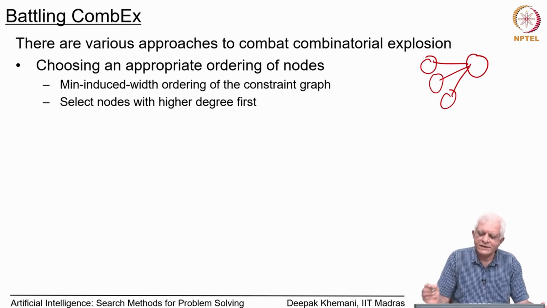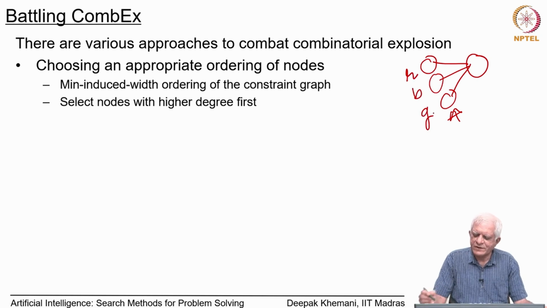If you choose the 1 degree node first, so here are these 3 1 degree nodes here. If you say that this is going to be R and this is going to be B and this is going to be G, then you can see that there is no value that you can choose for the 4th node essentially. So, the degree of a node matters. On the other hand, if you started with the high degree node first, so let us give them names.